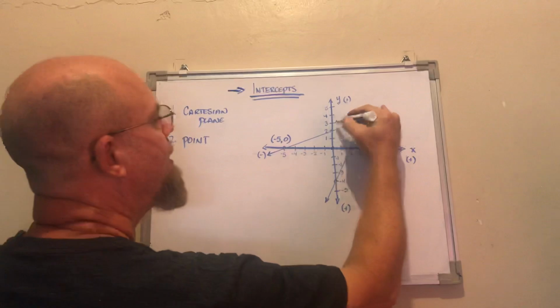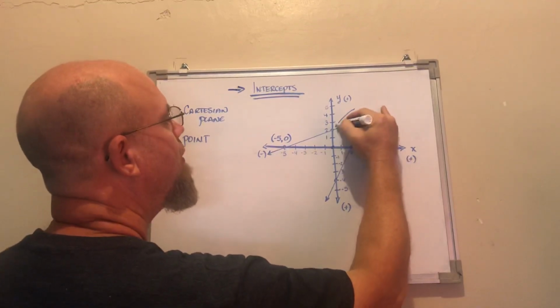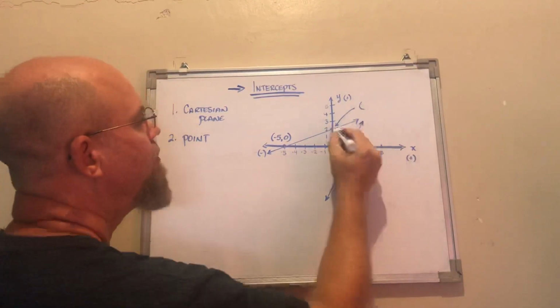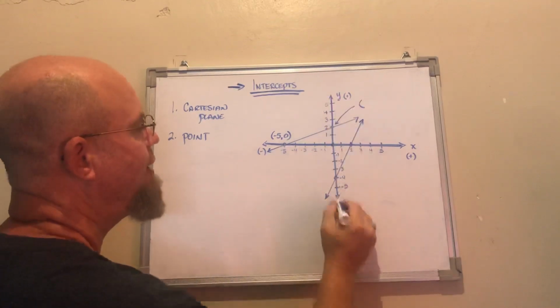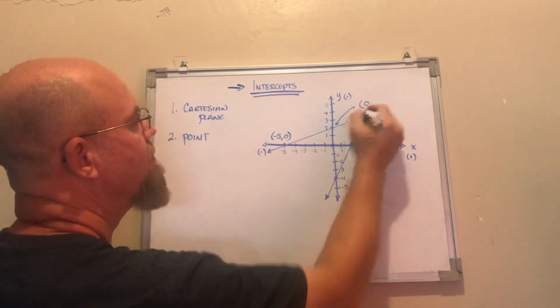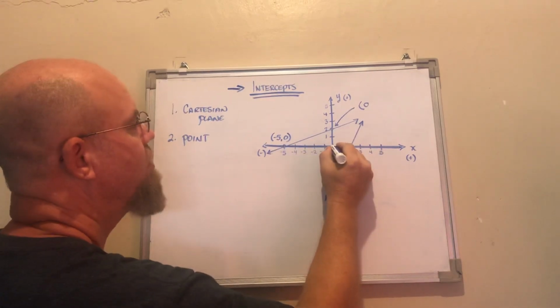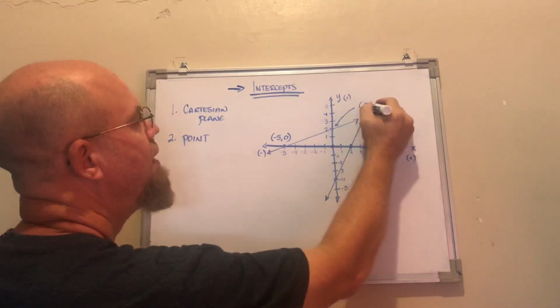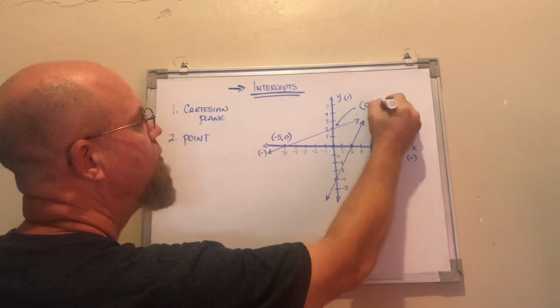We have another point here where the x value is on the y-axis. Therefore, the x value is 0, because I line it up with the origin to go up, and the y value is 2.